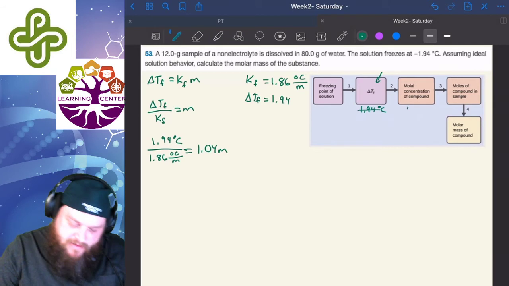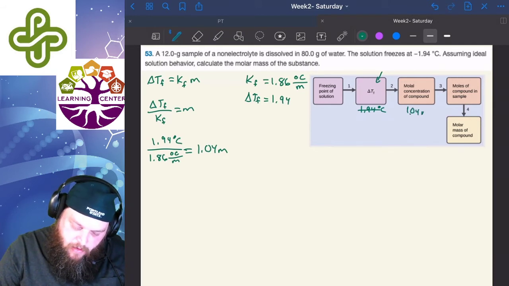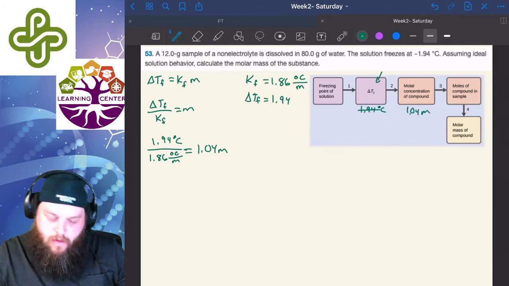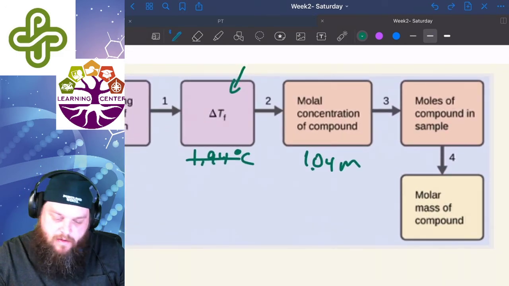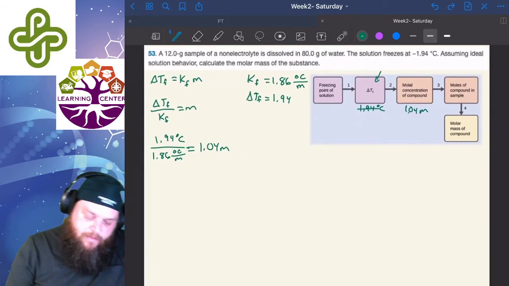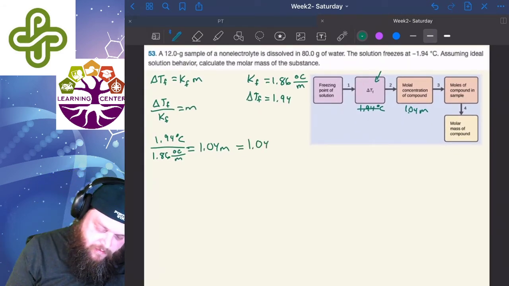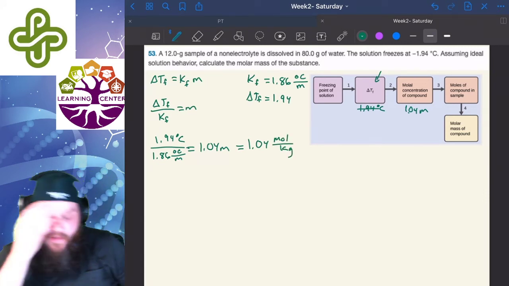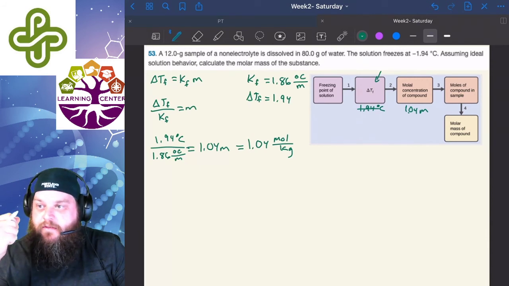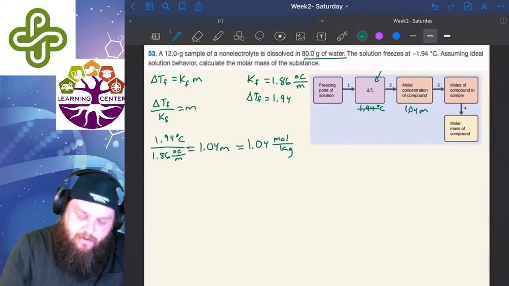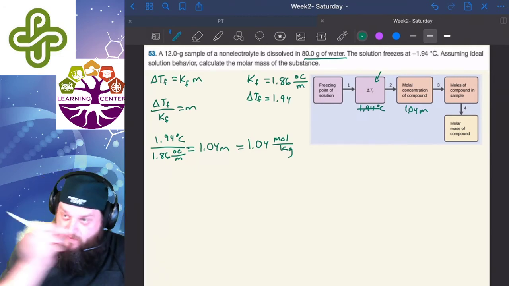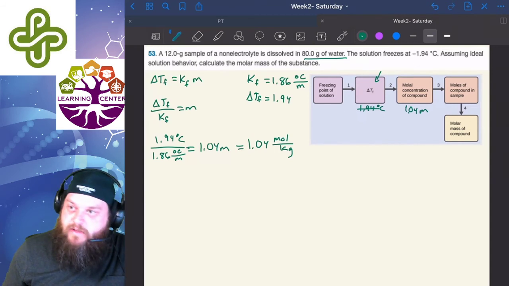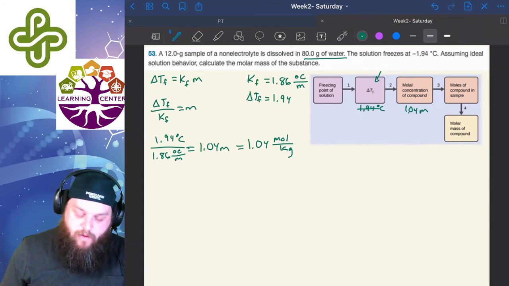Now that we have this 1.04 molal, for step 2, we need to find the moles of the compound in the sample. So how can we find the moles? Molal is really equal to 1.04 moles per kilogram, and that's the kilograms of the solvent itself. We know there's 80.0 grams of water, so we can convert that to kilograms by moving the decimal place 3 to the left. That's 0.080 kilograms of water.